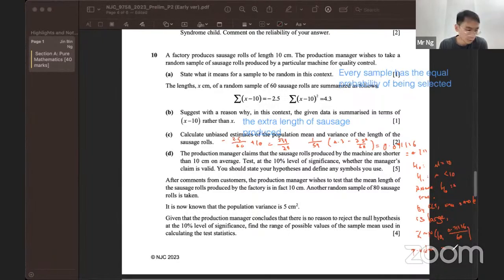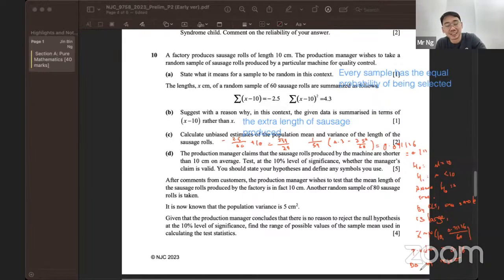Okay, so my p-value is 0.18. So do not reject. So claim not valid. Which makes a bit of sense. You see, it's just a bit smaller than 10, 9.95.